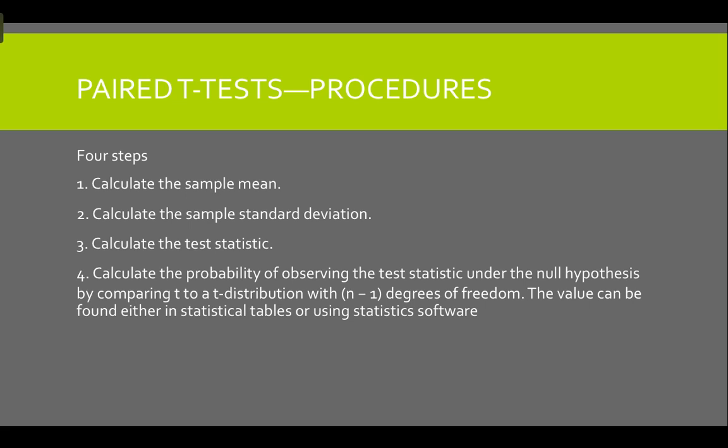Calculate the probability of observing the test statistic under the null hypothesis by comparing t to a t distribution with n, or sample size, minus 1 degrees of freedom. The value can be found either in the statistical tables or using statistical software. And we all have that statistical software, so we will go over that.